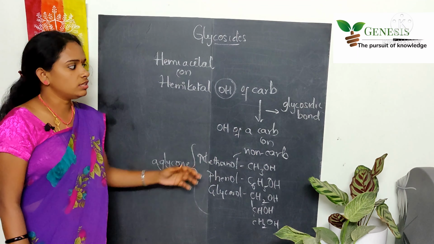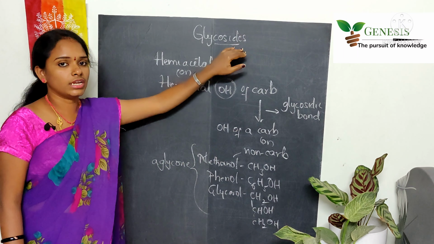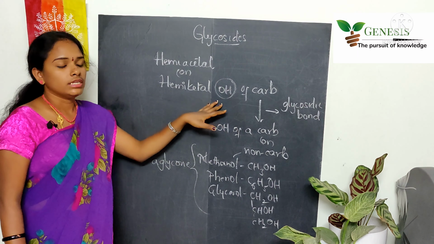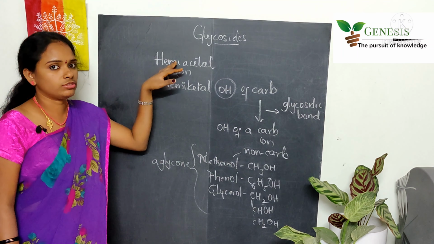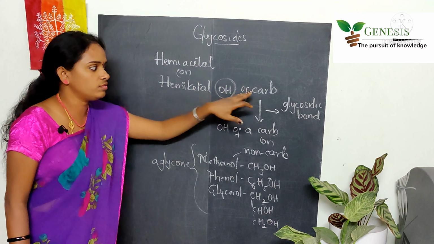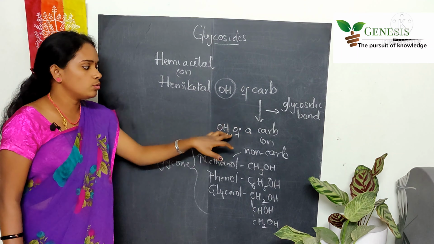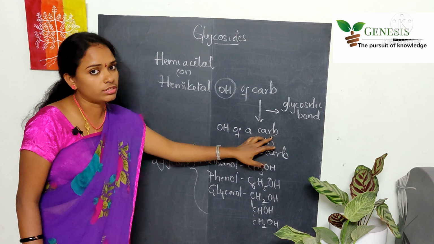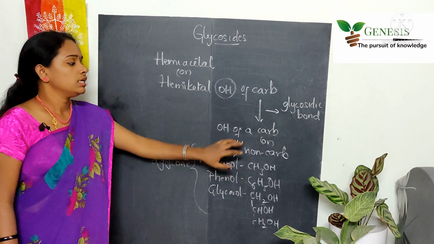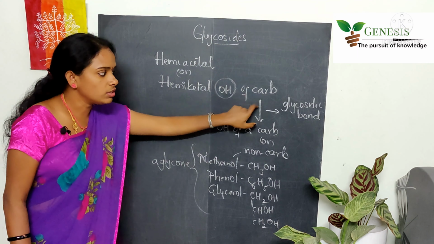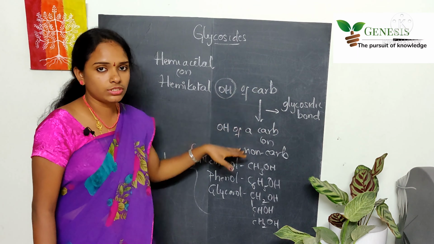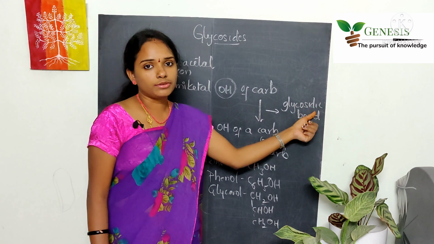So the glycosidic bond, or the glycosides, are formed by the reaction between the OH group present on the hemiacetal or hemiketal carbon atom of a carbohydrate with the OH group of another carbohydrate or a non-carbohydrate. It leads to the formation of glycosides, and the newly formed bond between these two compounds is called a glycosidic bond.